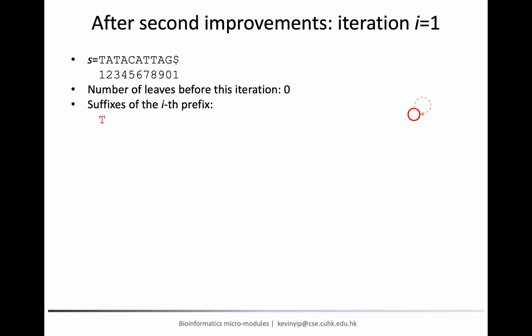The first iteration contains only one insertion, which is the insertion of the character at position 1 of S, a T. We find that the current node does not have a child with a label starting with T, and therefore this is a type A insertion, which means we create a new leaf node.